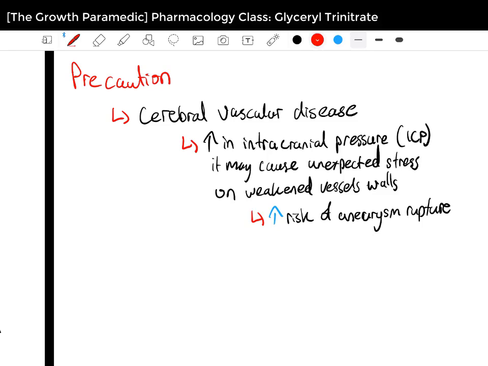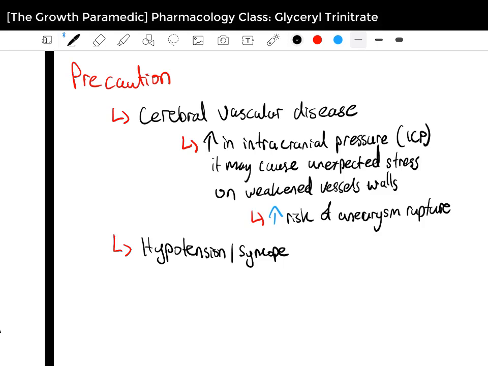Just another point when it comes to precautions is the risk of hypotension and syncope. So you've got to be mindful, if you're giving this to a patient that already has a low blood pressure, administering GTN will lower that blood pressure, and you don't want to be lowering the blood pressure too far.